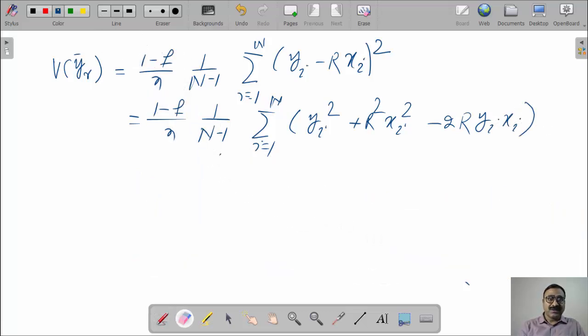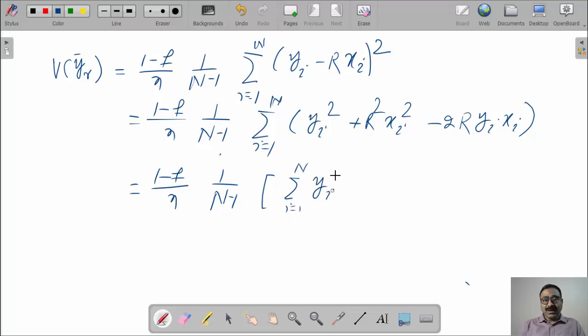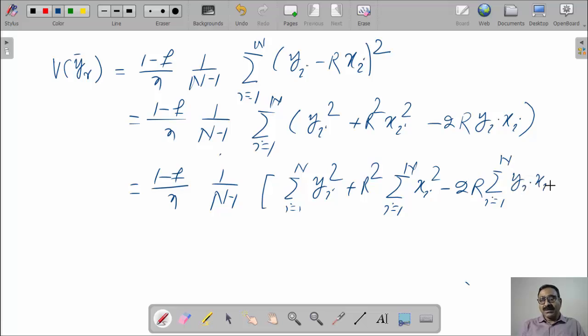So this is now equal to (1 minus f) by n, 1 by (n minus 1), summation i equal to 1 to n yi square plus R square summation i equal to 1 to n xi square minus 2R summation i equal to 1 to n yi xi.